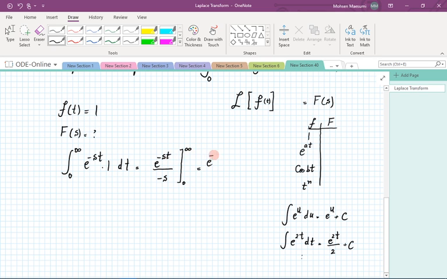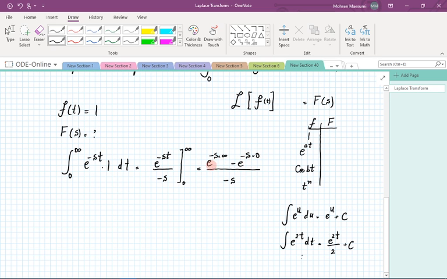So I have exponential of minus s times infinity, minus exponential of minus s times 0, and then I'm dividing this whole thing by minus s. Okay, a number times 0 will be 0, exponential of 0 will be 1. So this is the easy portion, and this portion is just 1.